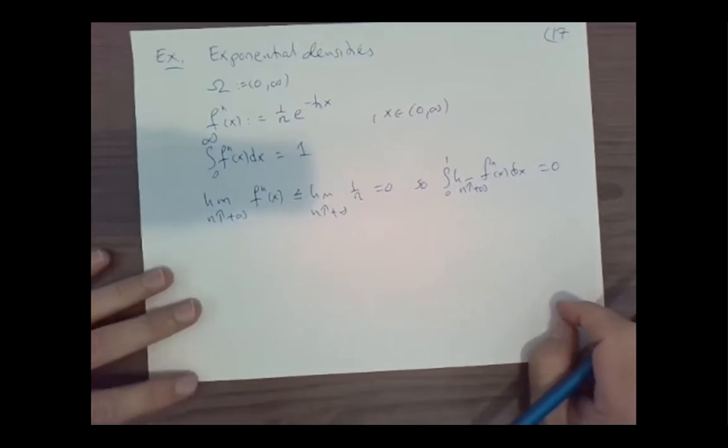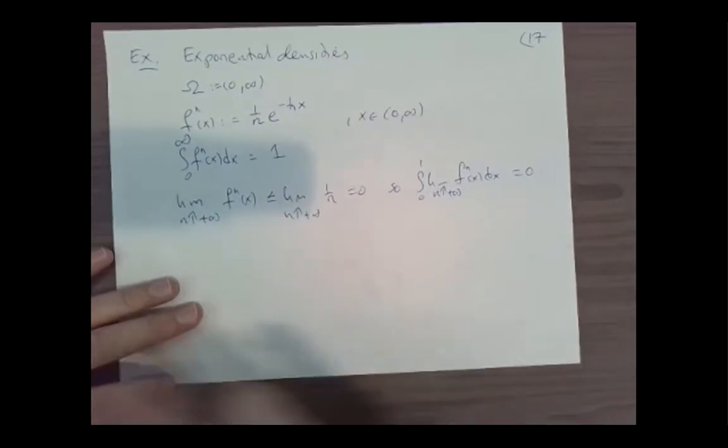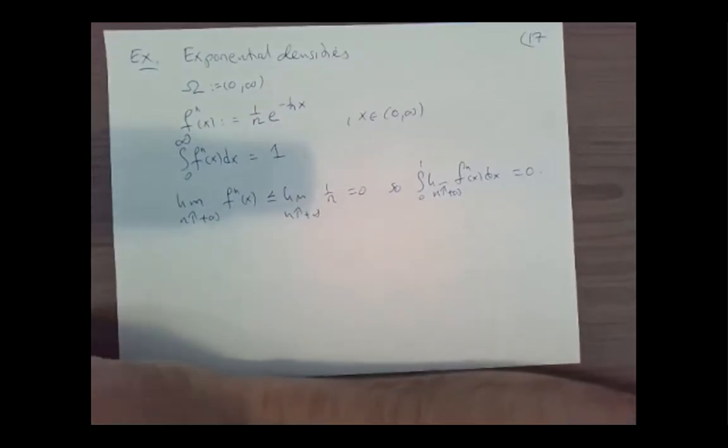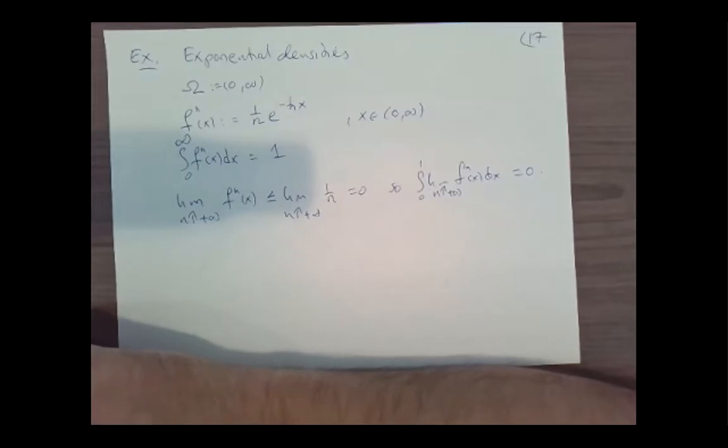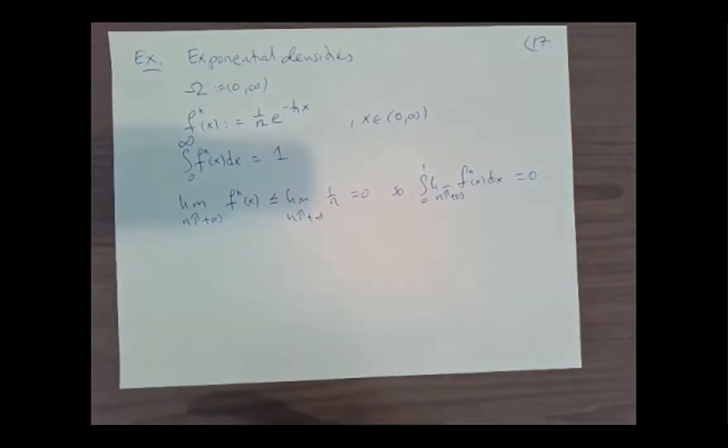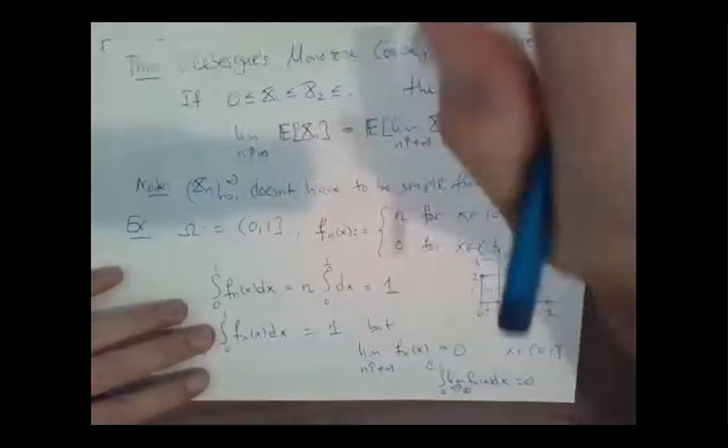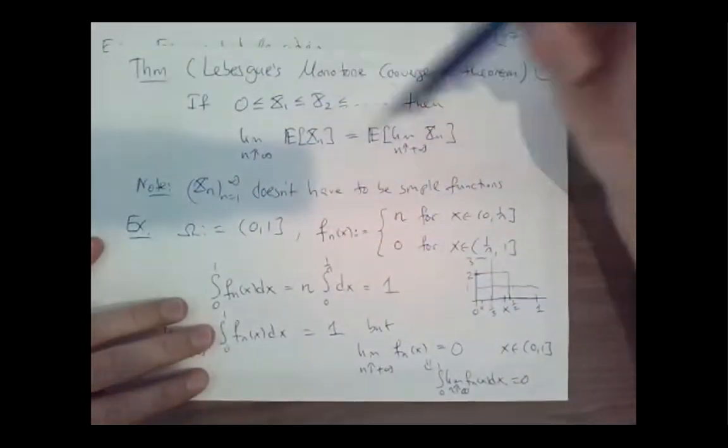So there's a question about whether the Lebesgue theorem would work for monotonically decreasing functions. Yes, it would. And the way that you get the monotonically decreasing functions is, how would you go from this one to the other one?